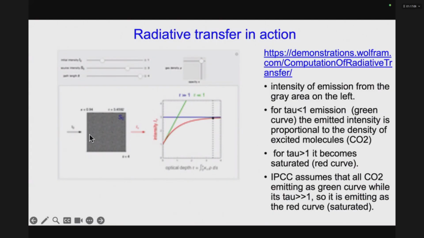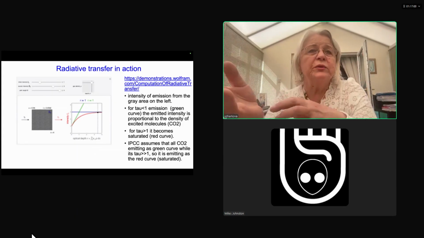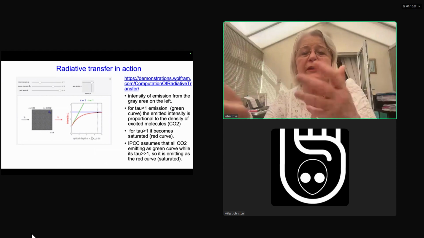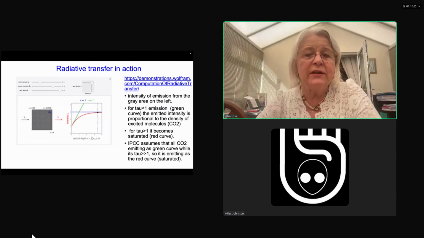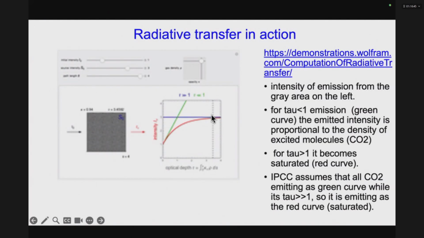But if the number of particles in this media becomes much higher, like I showed, 400 by 10 to the 12 particles, so optical thickness is 400, the emission which comes from this media is saturated by the emission which comes from the layer with optical thickness 1.